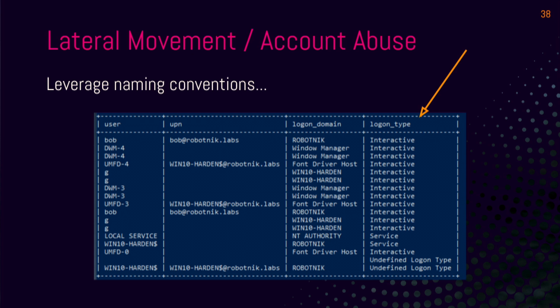There's a field called logon type in there, which uses the Windows logon types to be able to tell you, is that an interactive login, or is that a service account, or is that something that is undefined right now? So of course, you need to exclude some of the basic Windows stuff, right? Like the window manager is logged in interactive mode. That's not a real user that logged in.